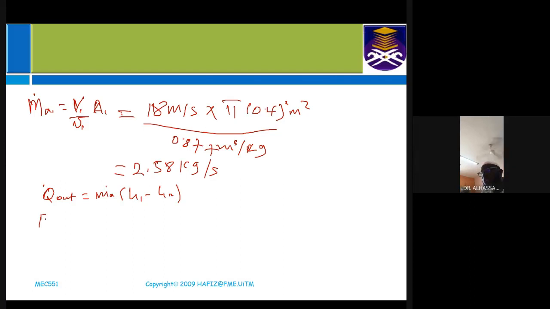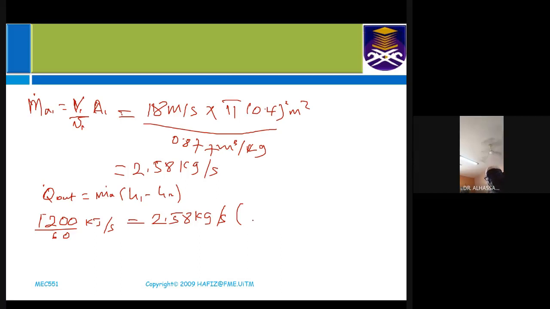So it should be 1200 divided by 60 kilojoules per second. This gives me 2.58 kilograms per second into bracket H1, which we know already.